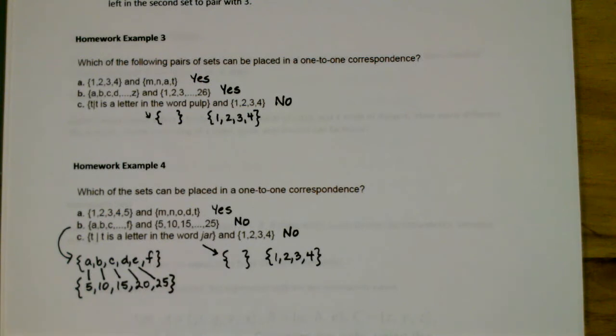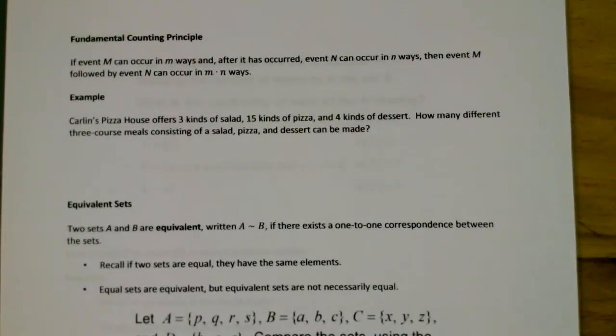Okay. So that's how we determine whether pairs of sets can be placed in a one-to-one correspondence. All right, next we'll look at the fundamental counting principle.